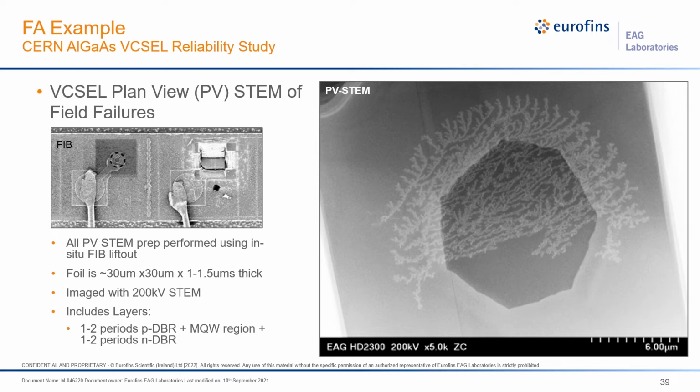request. For us, because we really don't know where the failure is, we prepared, in this case, an about 1.5 micrometer thick plan view TEM sample, and we see a high concentration of dislocation networks in this device.